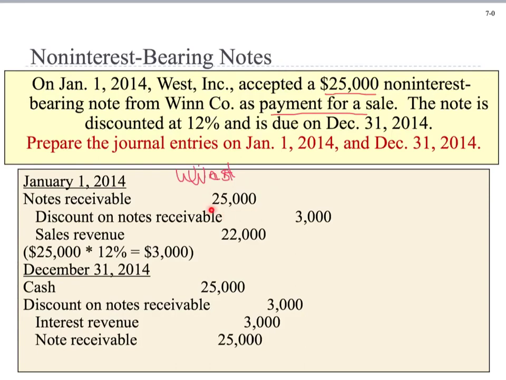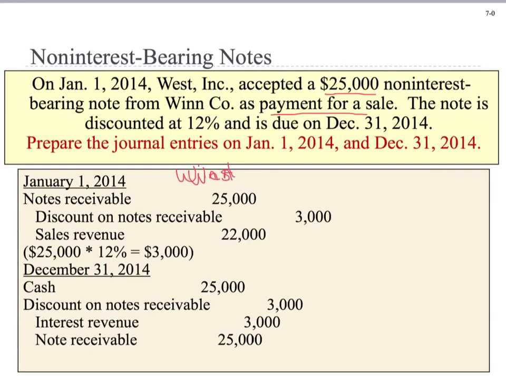So you set up the notes receivable because they will pay you the $25,000 on December 31st, 2014. Now, this discount on notes receivable is the kind of different thing here. So the FASB says, hey, we're going to let Win pay you at a later date, but that's really part of the sales price.